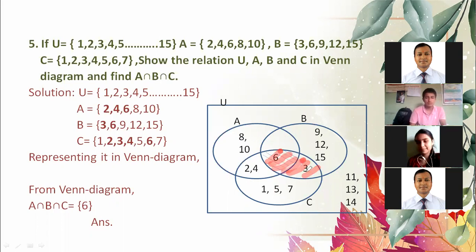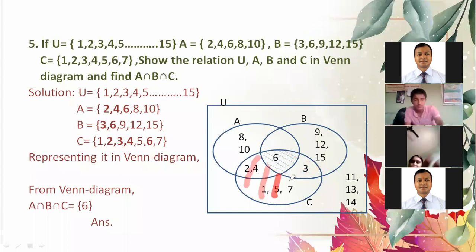B intersection C. Okay, similarly, what about this shadow? What does it represent? A intersection C. Similarly, what does this one represent?